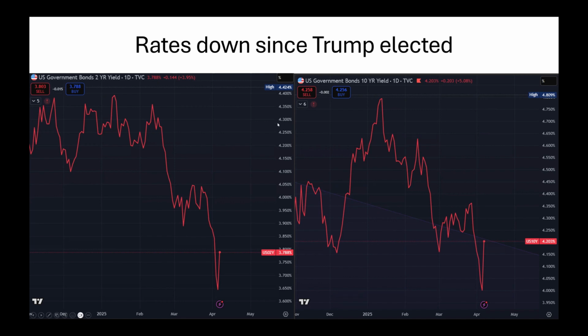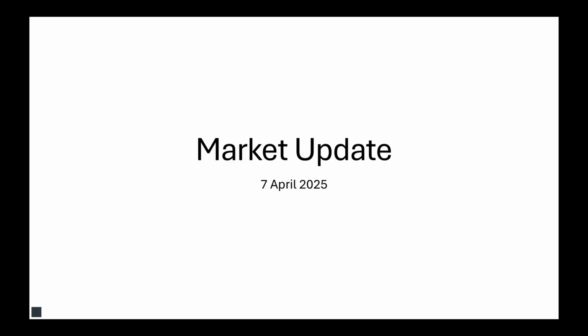Can I interrupt? Sure. You showed the substantial decrease in the 10-year, but I thought mortgage rates are tied to the 10-year. I didn't look too carefully, but I don't believe the swing is proportionate to the decrease in the 10-year. Is that correct? Let's look it up.